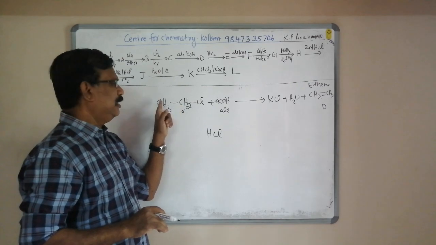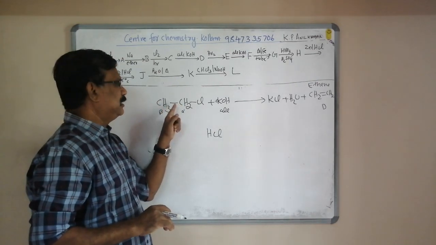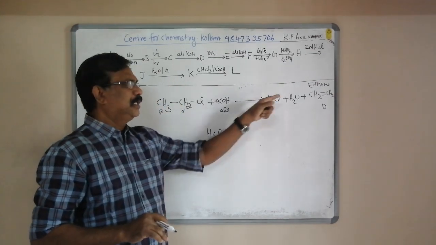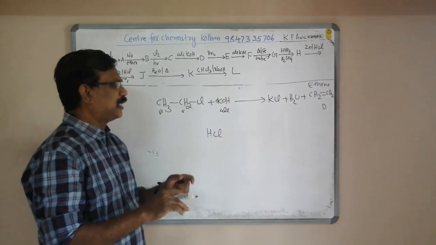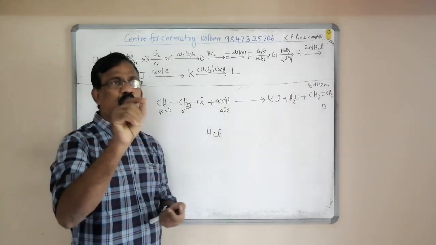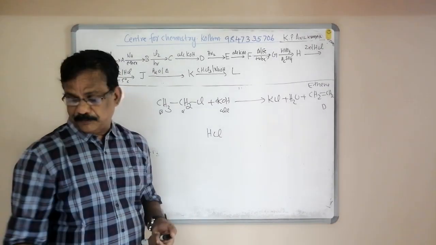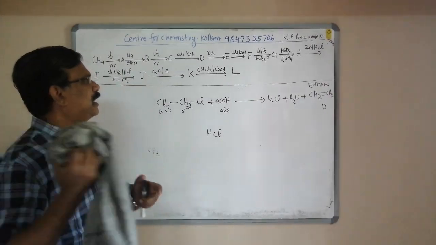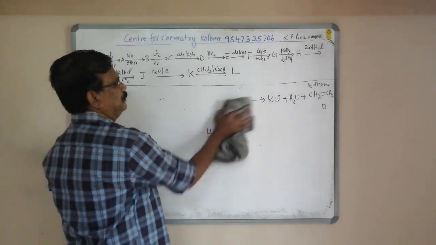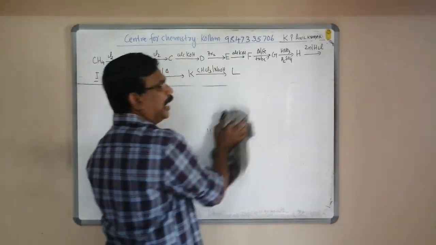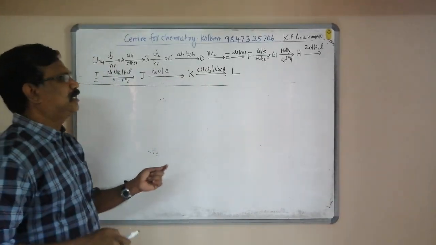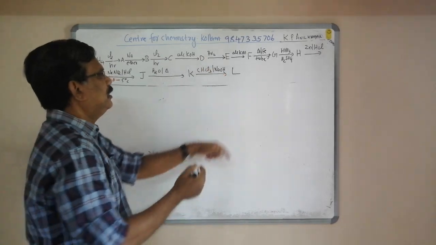The single bond becomes a double bond and the compound becomes unsaturated. So after elimination, a saturated compound becomes unsaturated, and ethene is capital D.